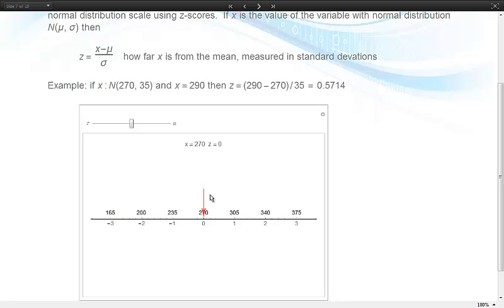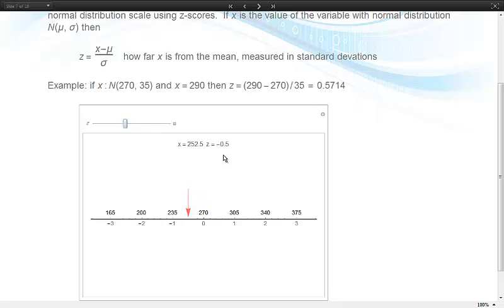And similarly going down. 270 minus 35 gets me to 235. Minus another 35 gets me to 200. Minus another standard deviation gets me to 165. So these values are located 1 standard deviation below the mean, 2 standard deviations below the mean, and 3 standard deviations below the mean.